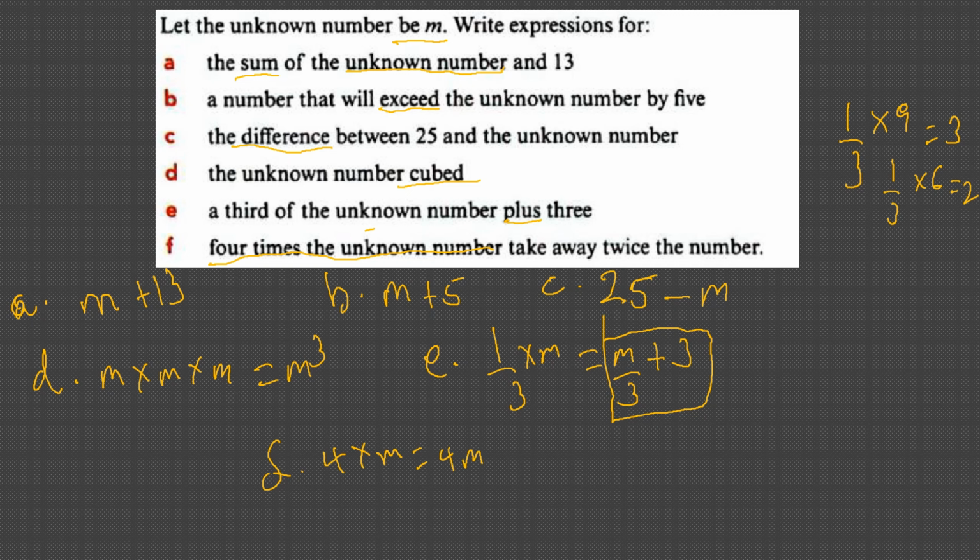And then after that, you must take away twice the number. Take away means subtraction. And twice means 2 times a number. So minus 2m. So in this case, it's just saying 4m minus 2m, which equals 2m.